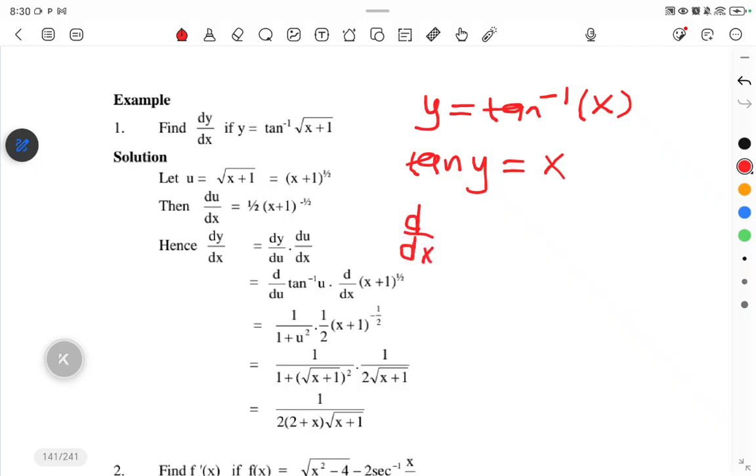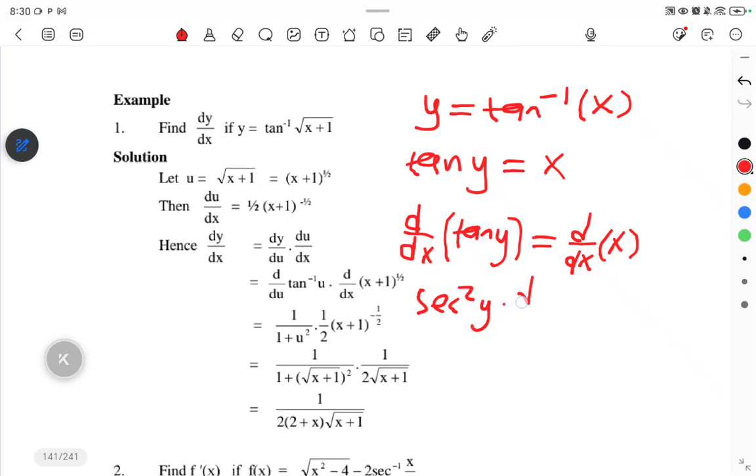And then I would derive now. I derive tan y, which is equal to the derivative of x. The derivative of tan y would be what? Sec squared y times dy over dx, which is equal to 1.